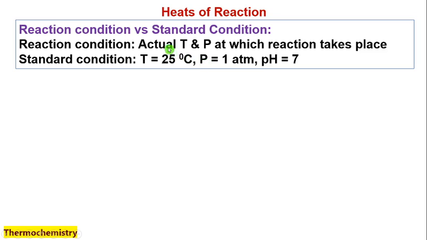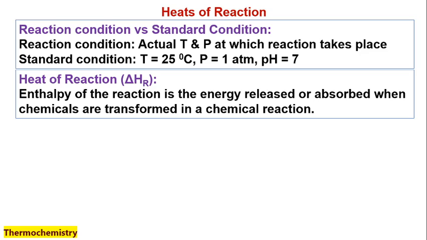But in the realistic situation, the actual temperature and pressure may be some higher value, maybe 2 atmosphere pressure or 100 degrees Celsius. Under that situation, the reaction may be going on. The information we have, that is called a standard condition, will be useful for us to evaluate the actual amount of energy that is released under these conditions.